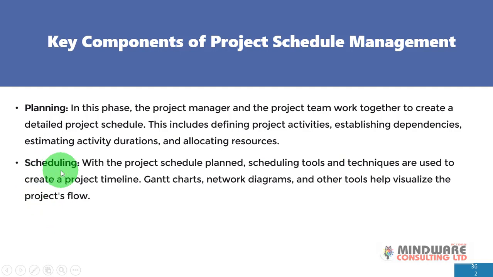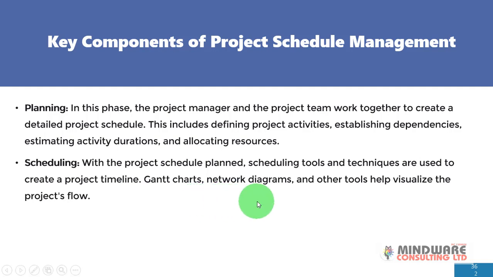The next is scheduling. Scheduling is another key component in your project schedule management. With the project schedule planned, scheduling tools and techniques are used to create a project timeline. So you now have to use what we call scheduling tools to create your project timelines.